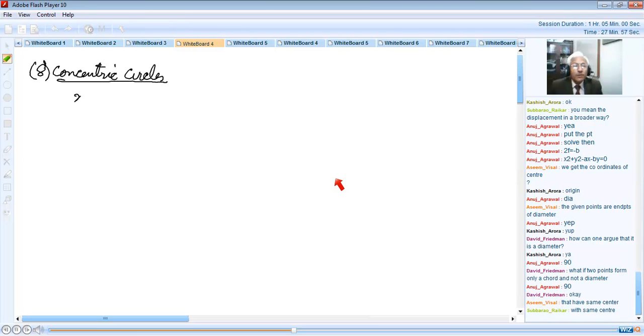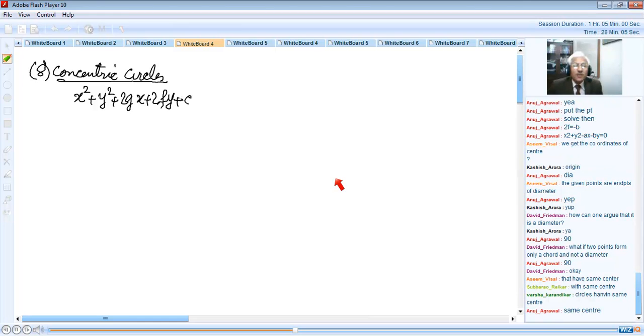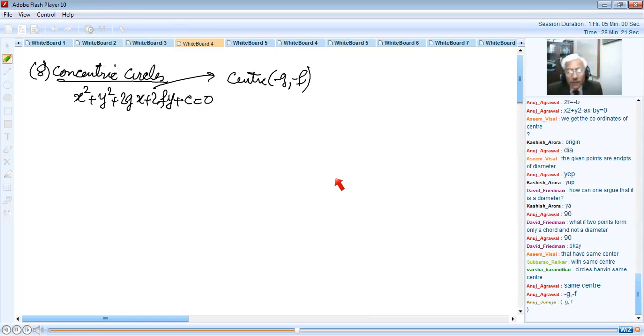So if the equation is x square plus y square plus 2gx plus 2fy plus c equal to 0, can you tell me what is the center of this circle? Its center is (minus g, minus f). That comes from the coefficients of x and y.